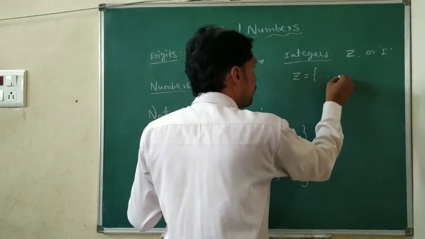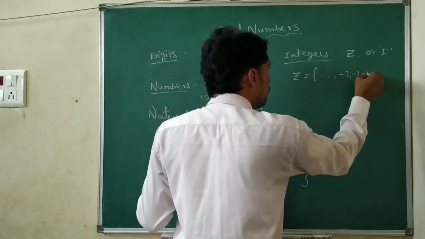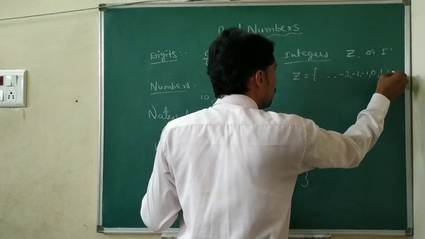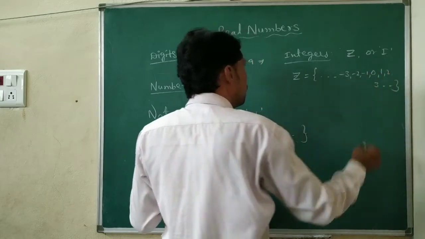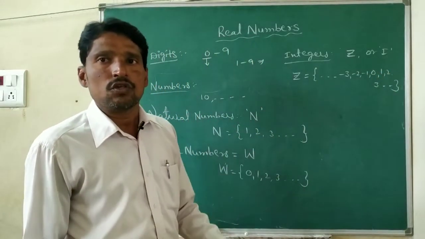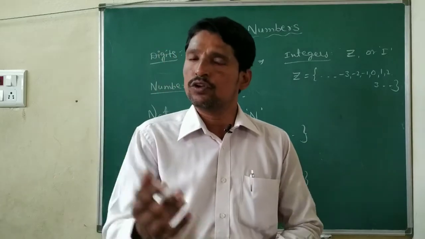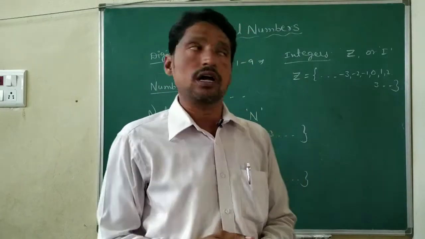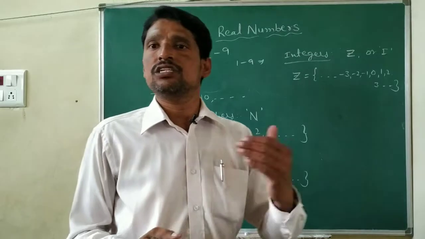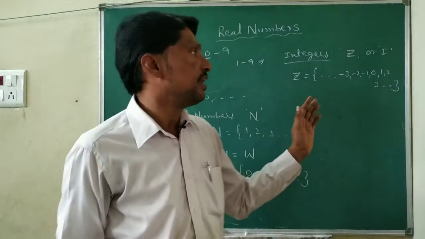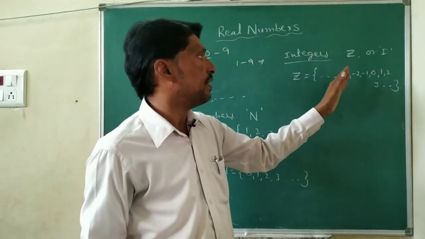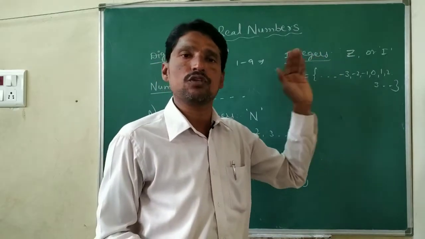Z equals so on, -3, -2, -1, 0, 1, 2, 3 and so on. These are called integers. Integers are denoted by Z.